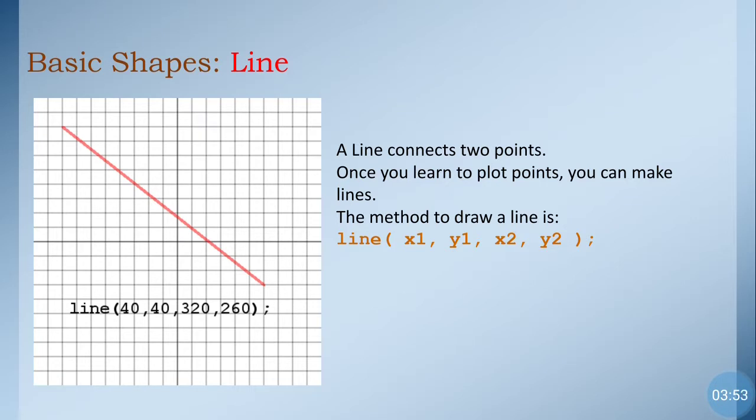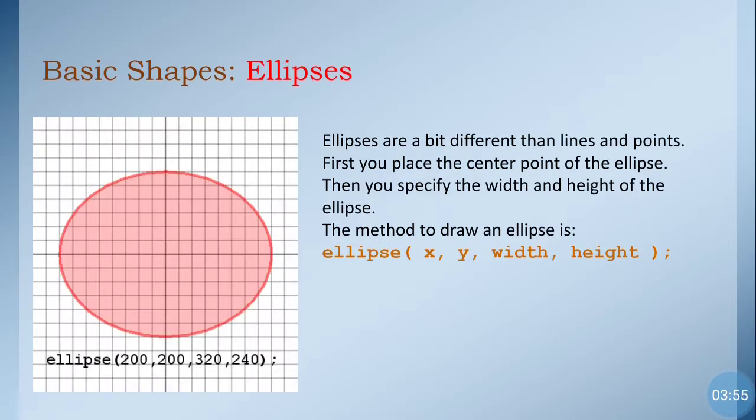The next, ellipse. Ellipses are a bit different from lines and points. First, you place the center point of the ellipse. Then you specify the width and height of the ellipse.